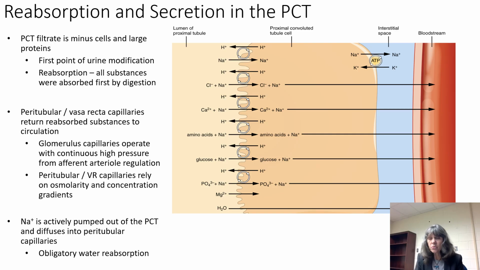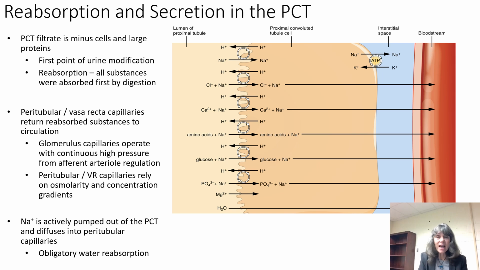It's at this point where toxic substances and drugs would be secreted by the proximal convoluted tubule. So the things that we want to keep in are going to be reabsorbed. And again, that includes things like sodium chloride, calcium, amino acids, glucose, phosphate, and magnesium.